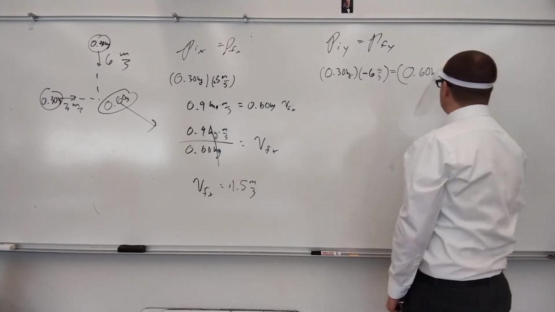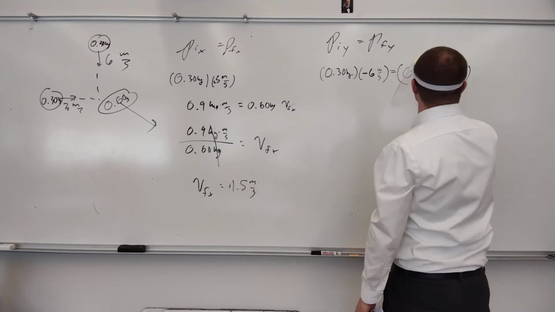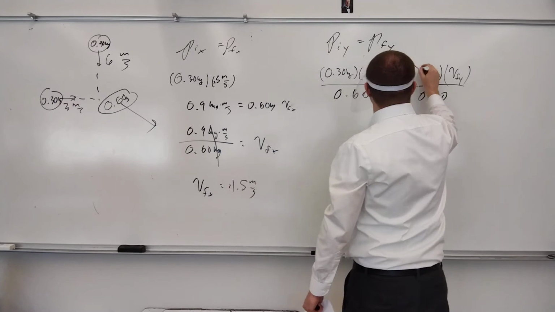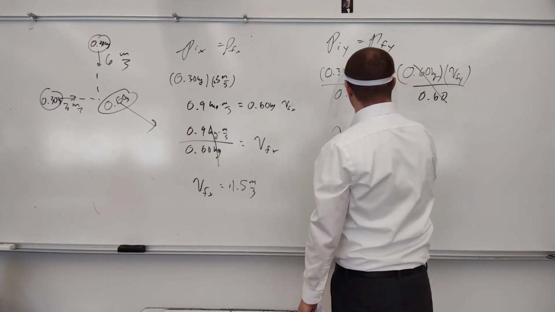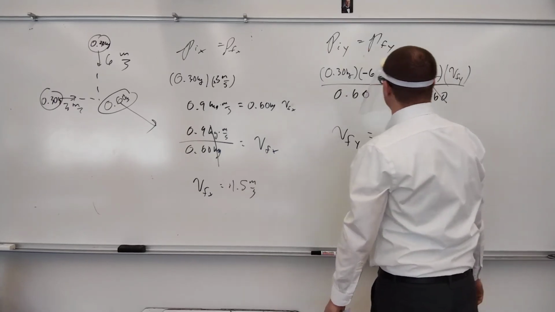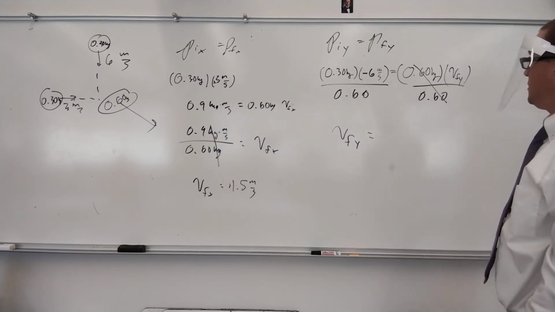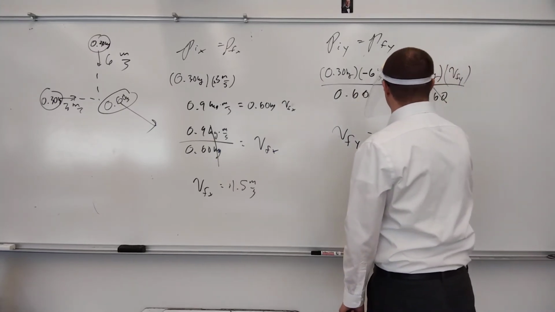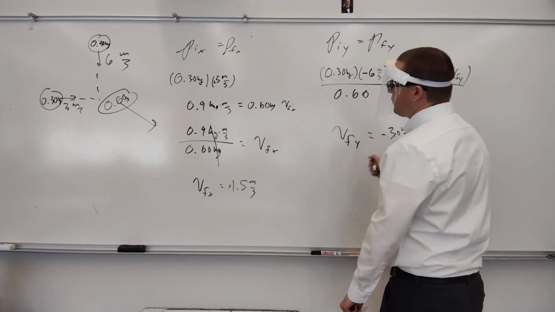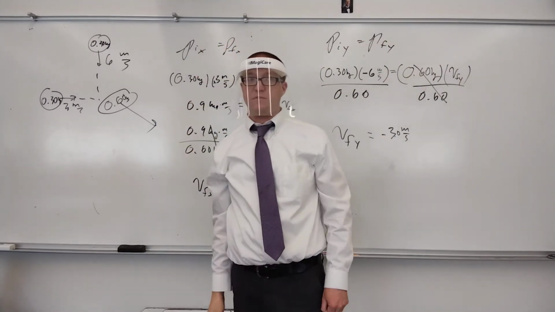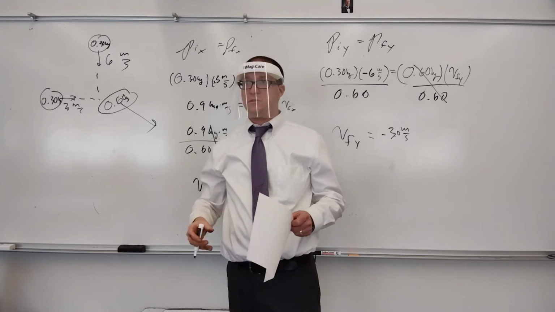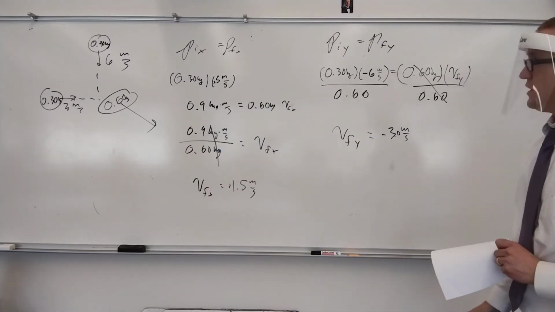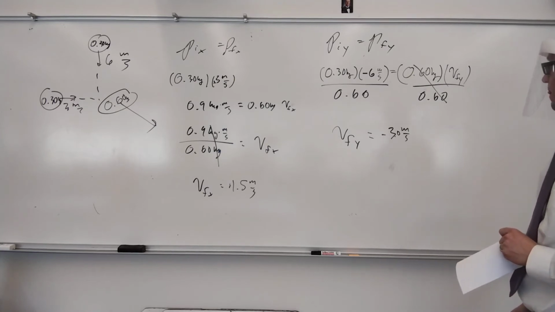Divide both sides by 0.60. Looks like the final y velocity is going to be 3 meters per second, negative 3. We've cut the velocity in the y direction in half as well, because again, we doubled the mass. Each component of the velocity is going to be cut in half.